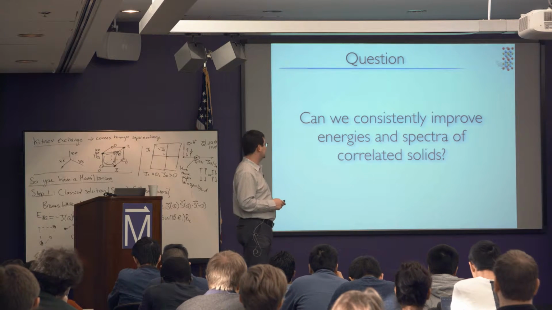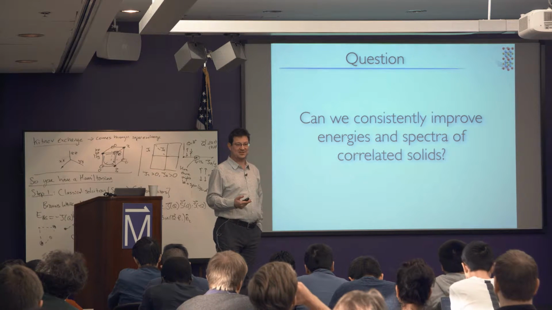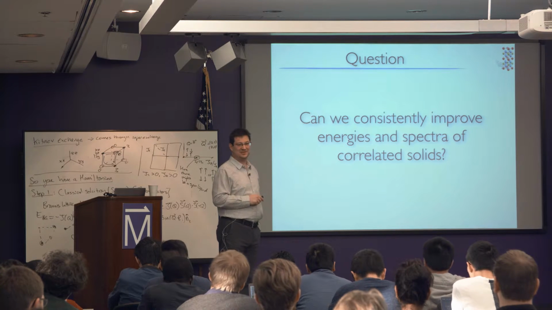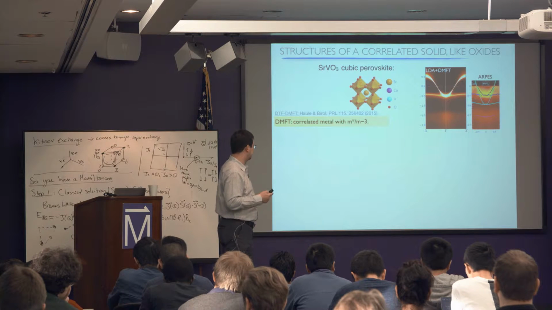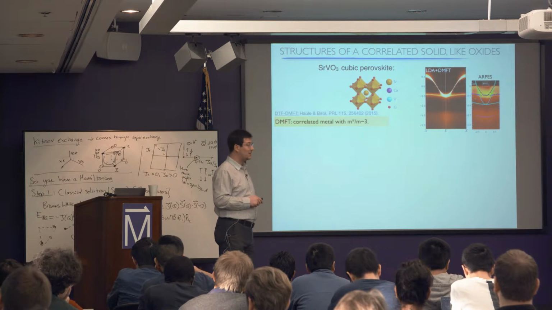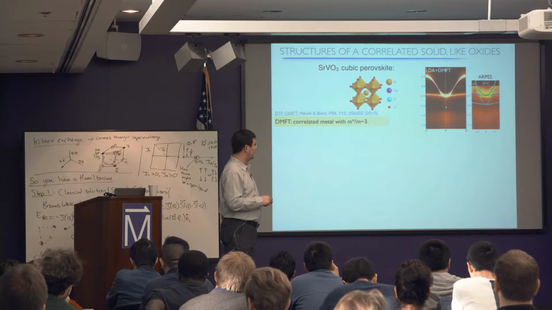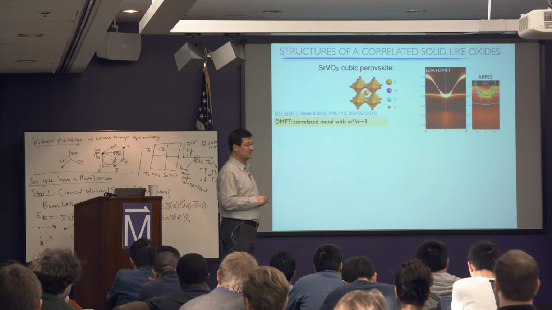So the question is, can we consistently improve energies and spectra of correlated solids? Okay, and that's what we worked on with Turan Birol, when he was at Rutgers, and Turan found that this indeed works. So first, strontium vanadate. What happens in DMFT is that bands are renormalized, as we said, by roughly a factor of 2 to 3.